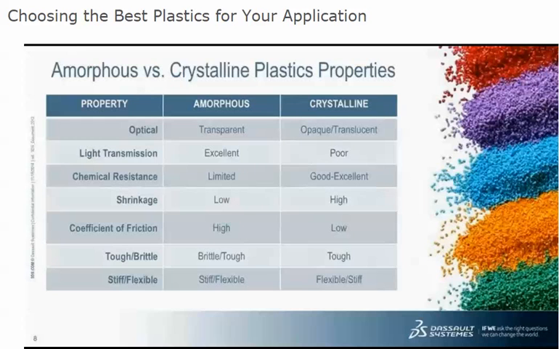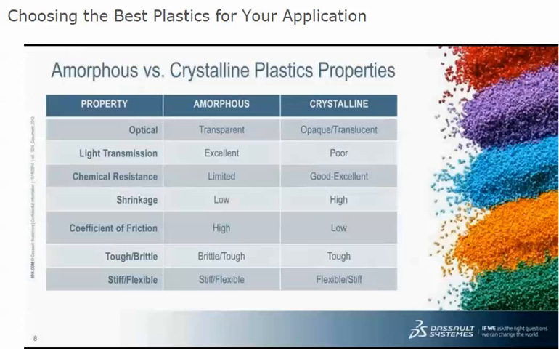Chemical resistance, another property we might look at. Amorphous materials, some of them do have good chemical resistance, but in general, amorphous materials are susceptible to attack by lots of different chemicals, whereas crystalline materials, because of the structures that set up inside of the material due to the crystalline nature, they typically have very good to excellent chemical resistance. So for example, if you saw a plastic gas can, that's usually made out of high-density polyethylene, which is a crystalline material.